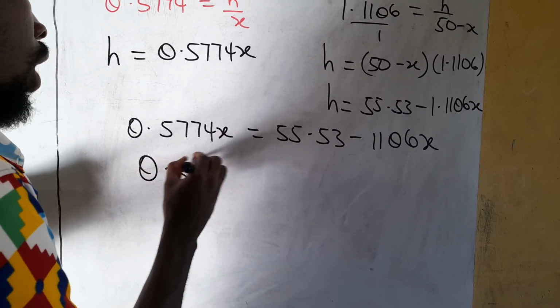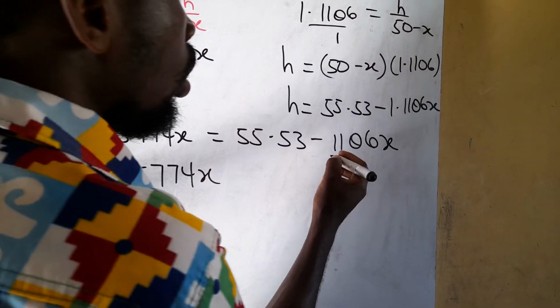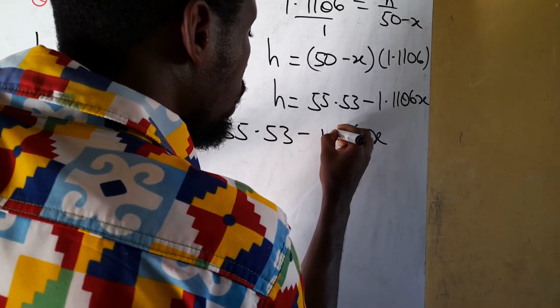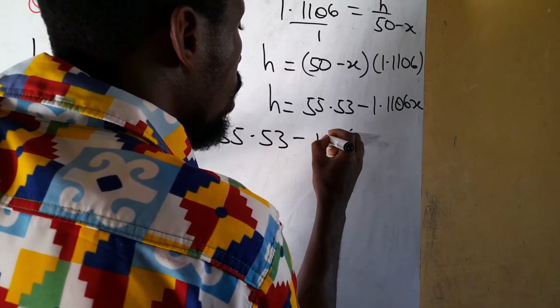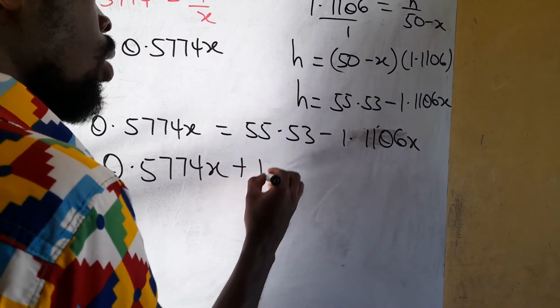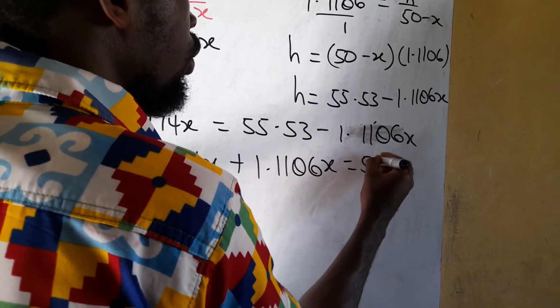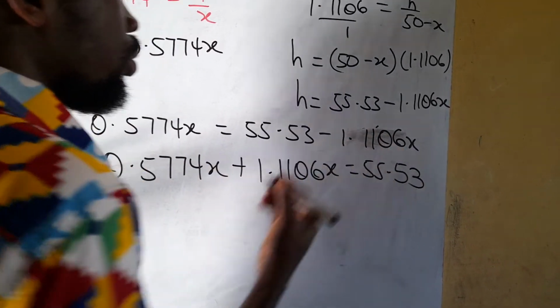Now we group like terms. Our 0.5774x plus 1.1106x will equal 55.53.